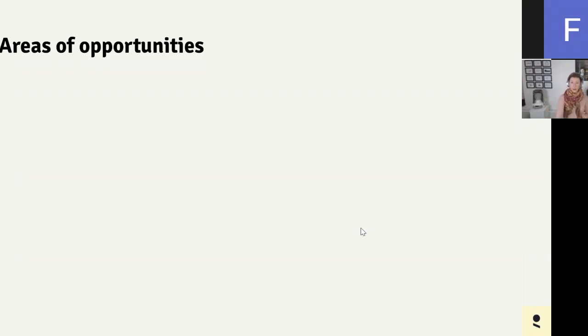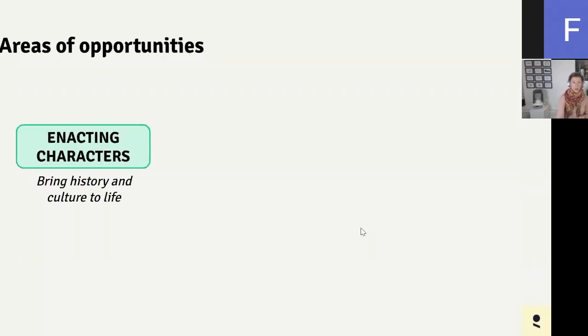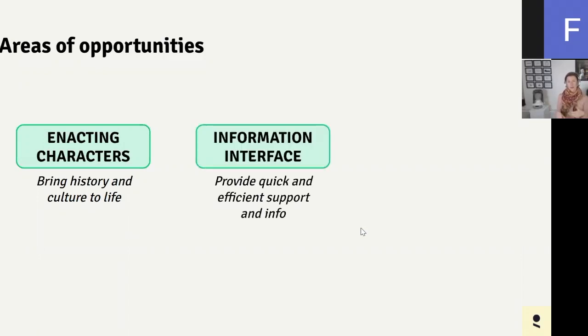The three topics that we want to cover are, first of all, enacting characters, so bringing history and culture to life through the expressiveness of a social robot. Secondly, an information interface, using a social robot to provide quick and efficient support and info, also in different kinds of languages.